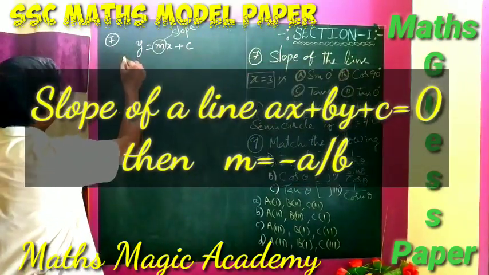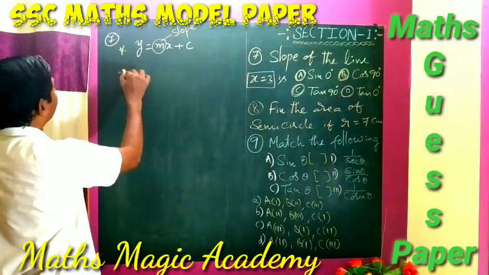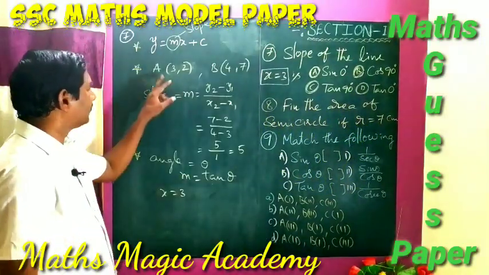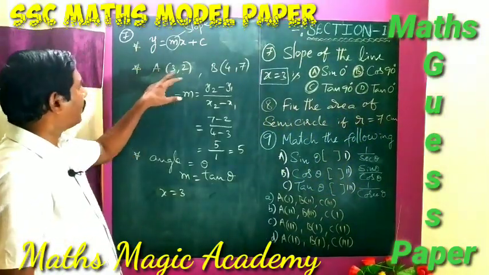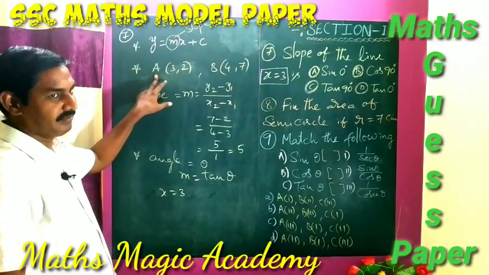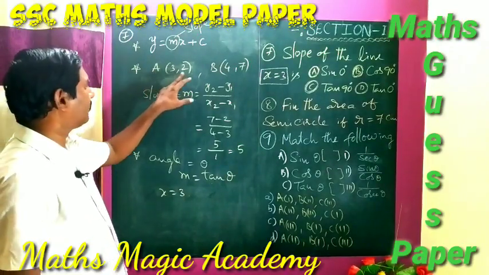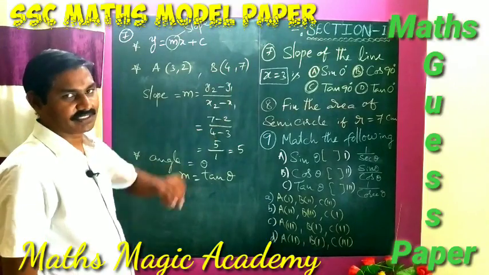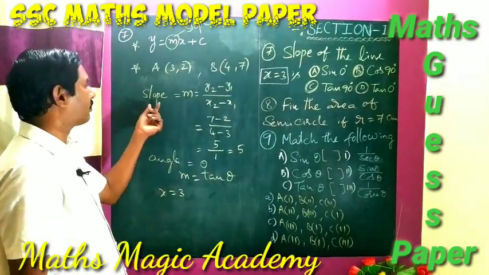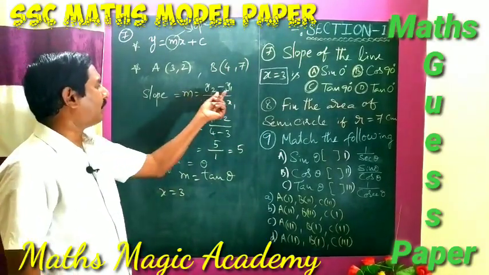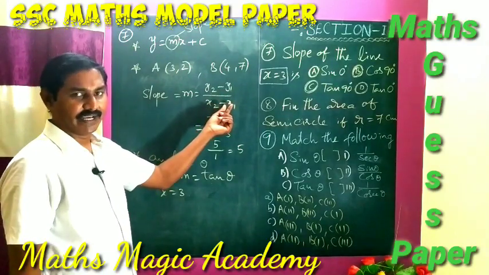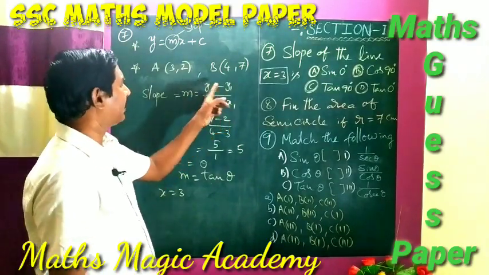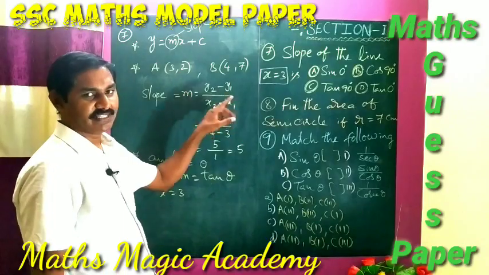Or in another mode, here if you take 2 points a and b, the a point is 3, 2 and b point is 4, 7. Then the slope can be defined as y2 minus y1 by x2 minus x1 or y1 minus y2 by x1 minus x2.